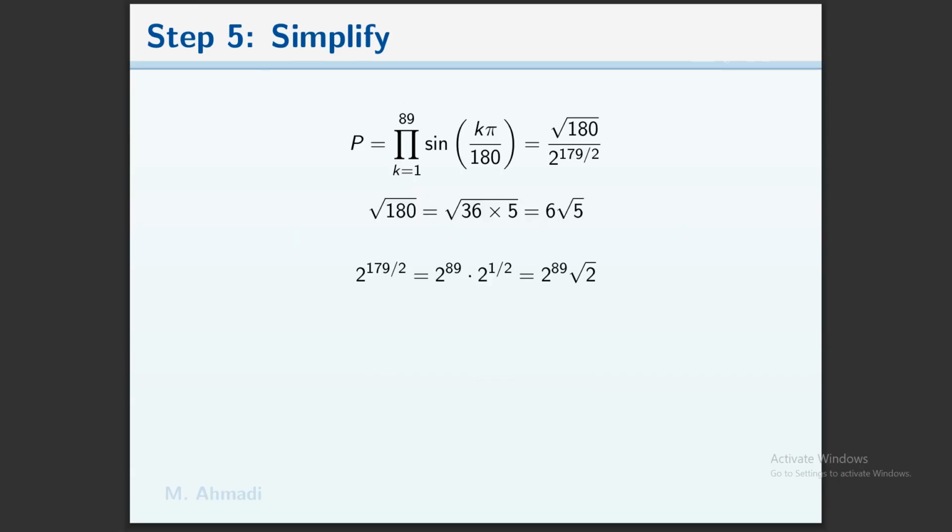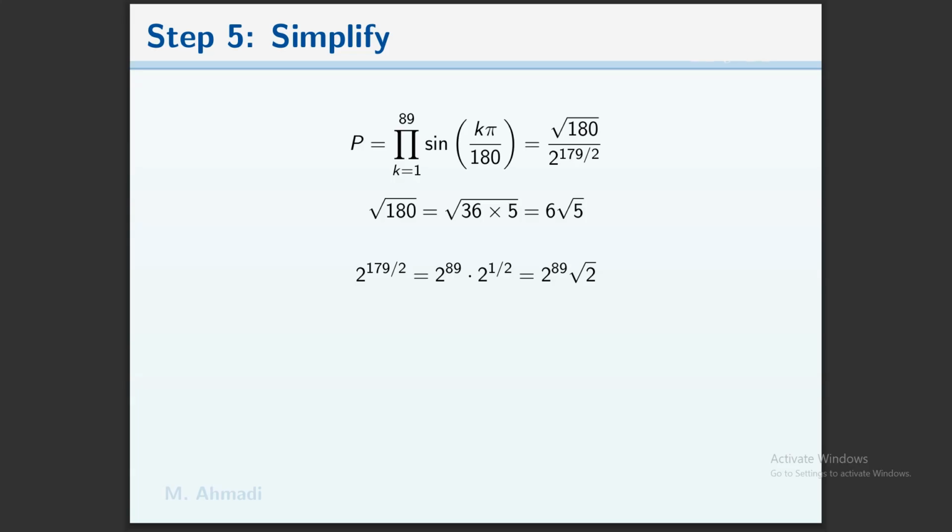So P, the product for k from 1 to 89 of sin(kπ/180), is equal to the square root of 180 divided by 2^179, divided by 2.